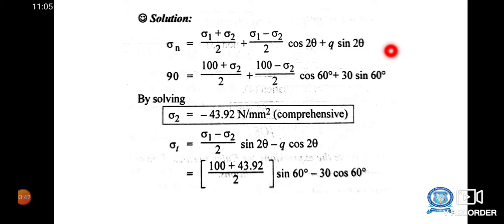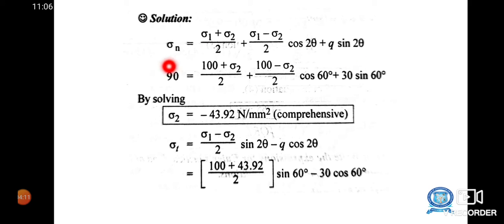That is the formula. So we apply all the given values in this formula. 90 is equal to 100 plus sigma 2 divided by 2 plus 100 minus sigma 2 divided by 2 cos 60 degrees plus 30 sin 60 degrees.